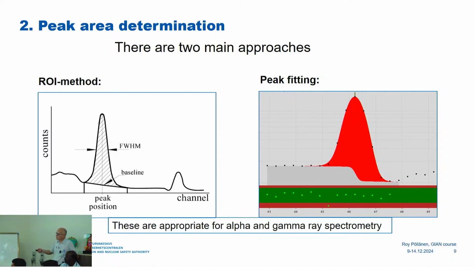In this method, you simply determine the left side of the peak and the right side of the peak, and the software automatically gives you the number of counts. Or baseline here, not background. Background is a little bit different thing.